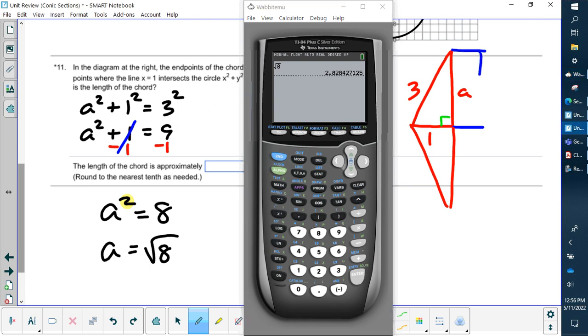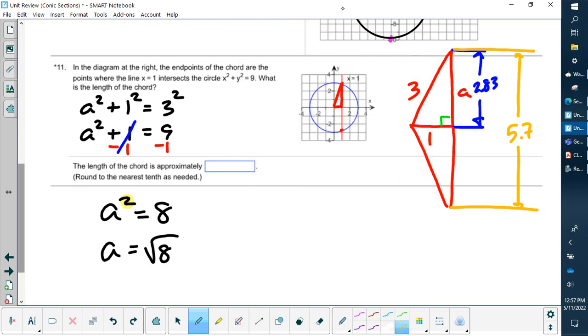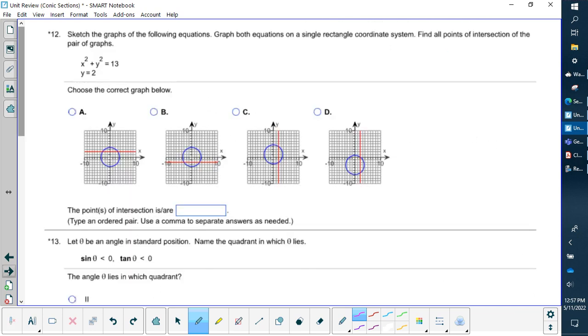So from here to here is roughly 2.83. Then I'm going to double it, times 2. The whole length from here to here is going to be roughly 5.7. And that is my final answer. I think it says to the tenth, yes. 5.7.